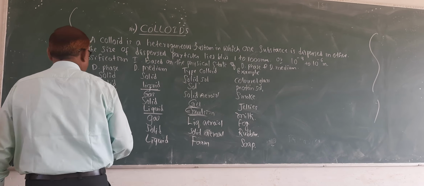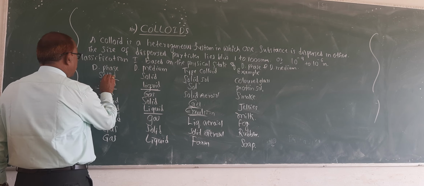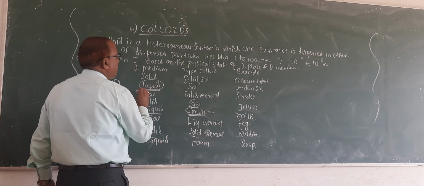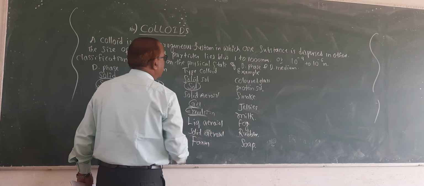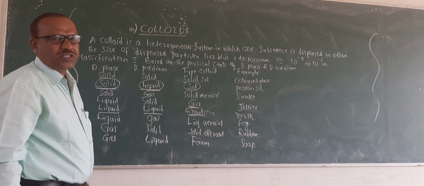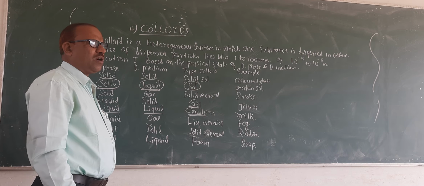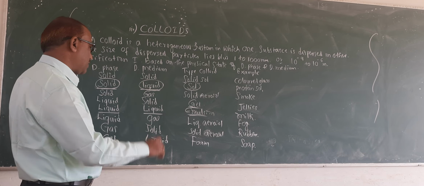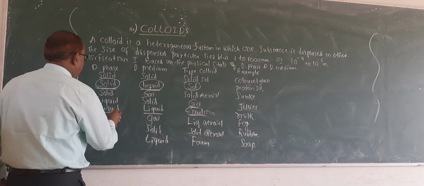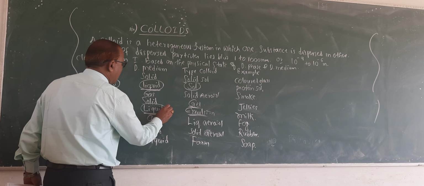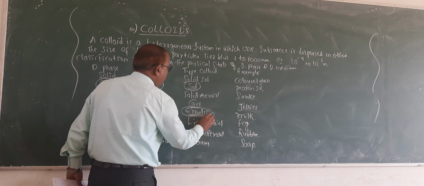Among these, very important: if the dispersed phase is a solid and the dispersion medium is a liquid, it is called a sol. For example, gold sol, silver sol, platinum sol, protein sol, starch sol. If the dispersed phase is a liquid and the dispersion medium is also liquid, then it is called an emulsion.